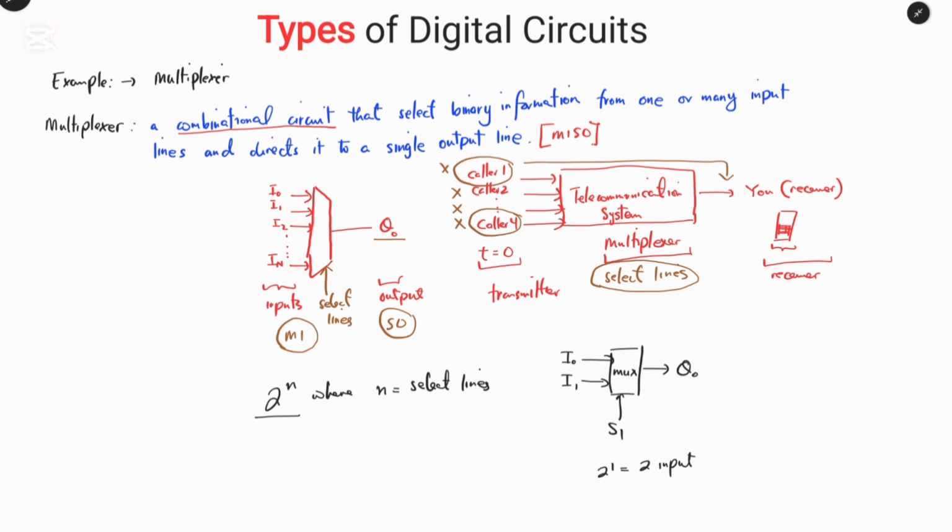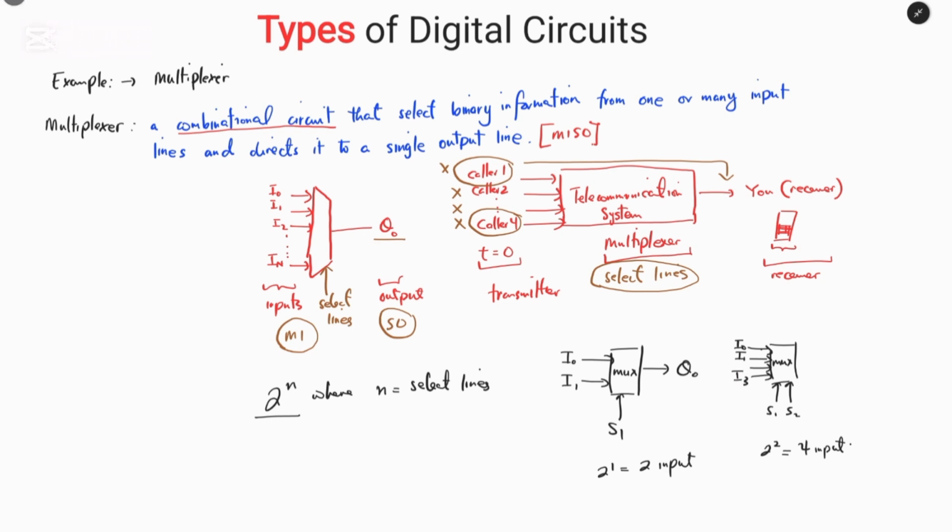An example: if we have a multiplexer and now we have 2 select lines, S1 and S2, then 2 to the power 2 gives us 4 inputs. So this multiplexer will have 4 inputs, I0, I1 all the way to I3.